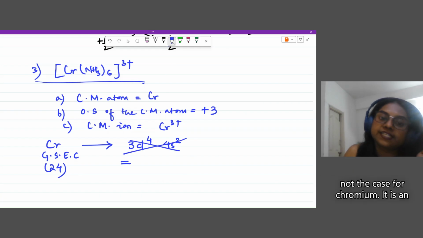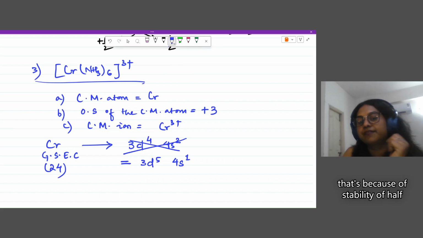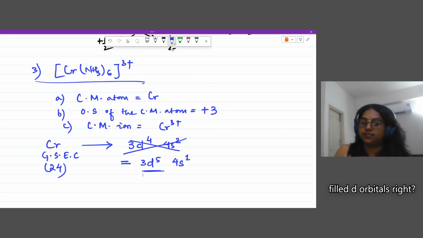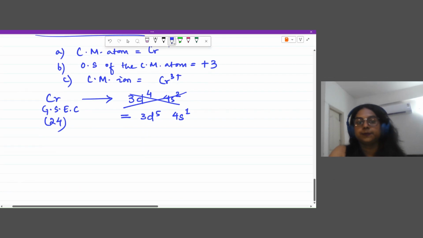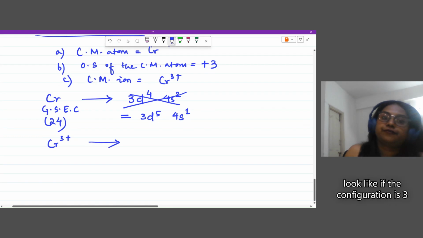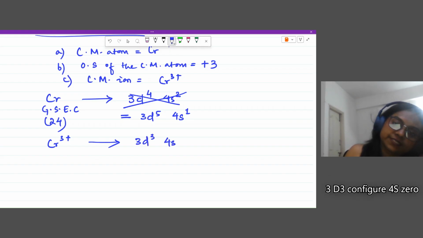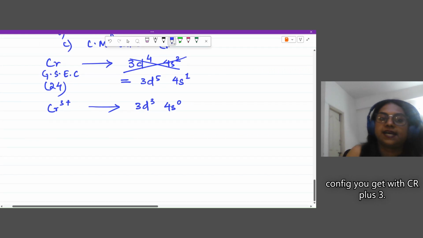It's an exceptional case where you have 3d5 4s1, because of the stability of half-filled d orbitals. Then how is Cr3 plus going to look? One electron goes from 4s1 and 2 will go from 3d, so you get 3d3 4s0 configuration for Cr3 plus.